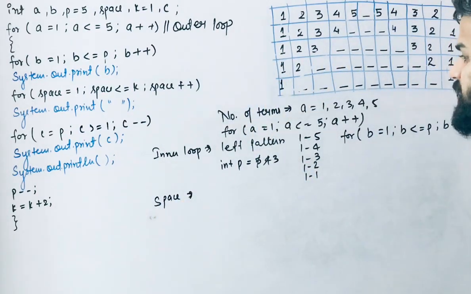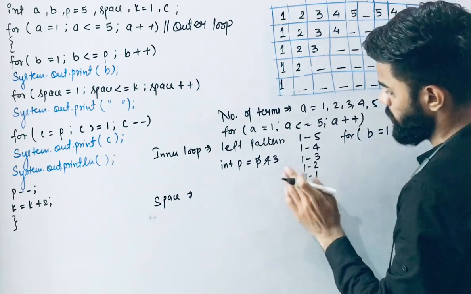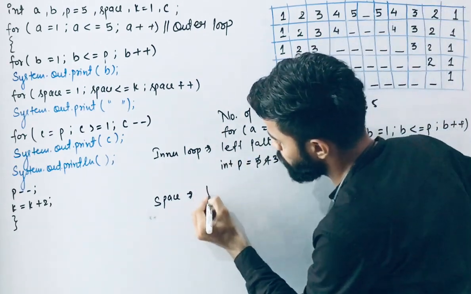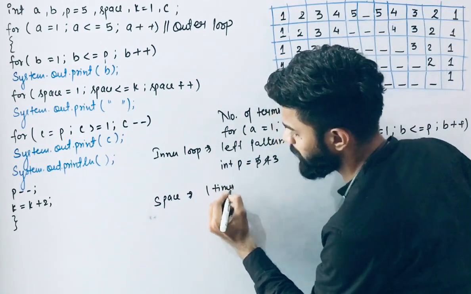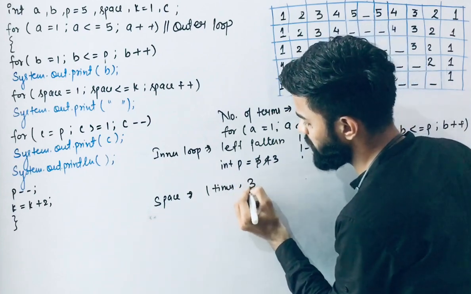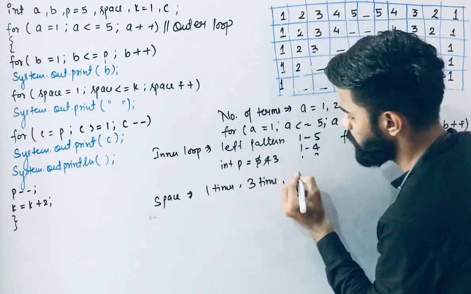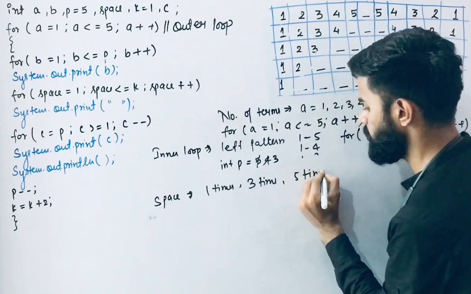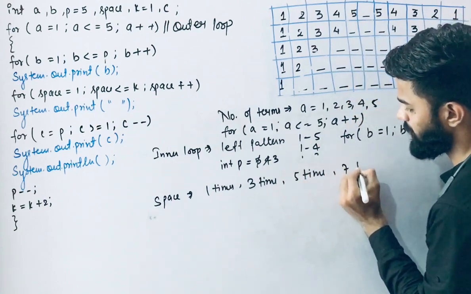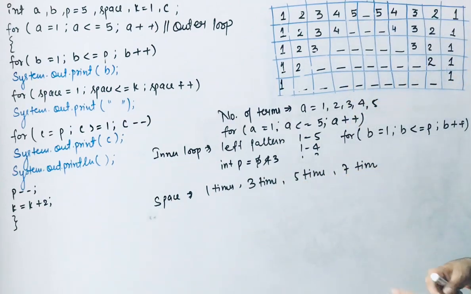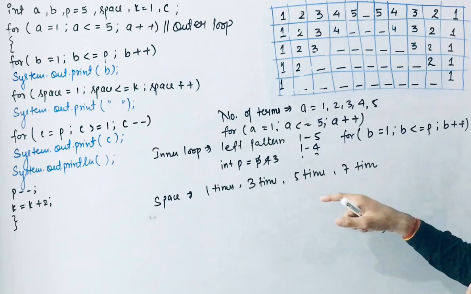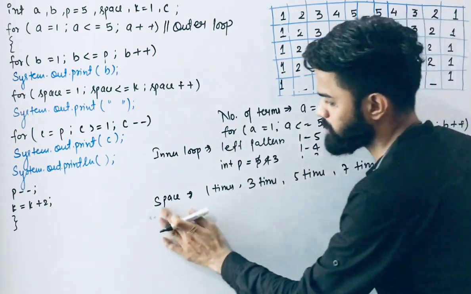Space. So for printing space, what happens? It prints the first time 1 time, the second time 3 times, and then 5 times, and then 7 times. So again we need to write one different loop for this space value.